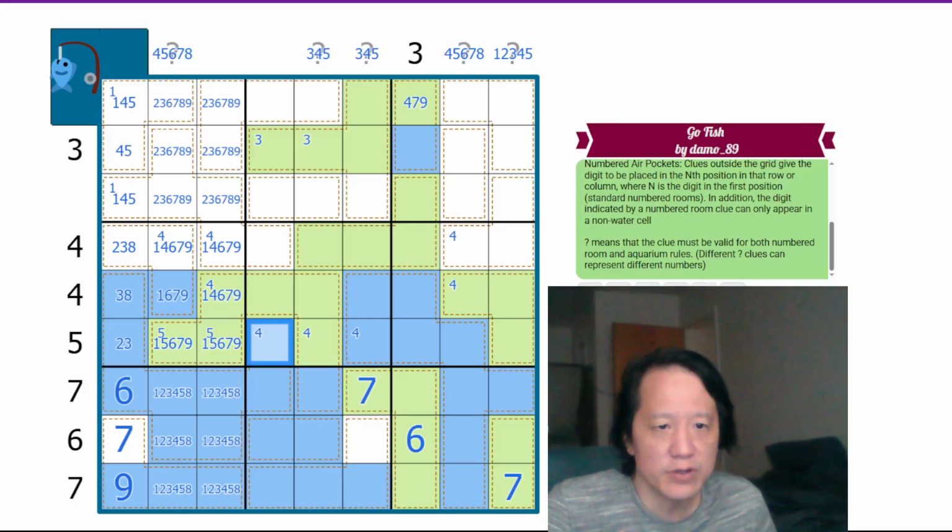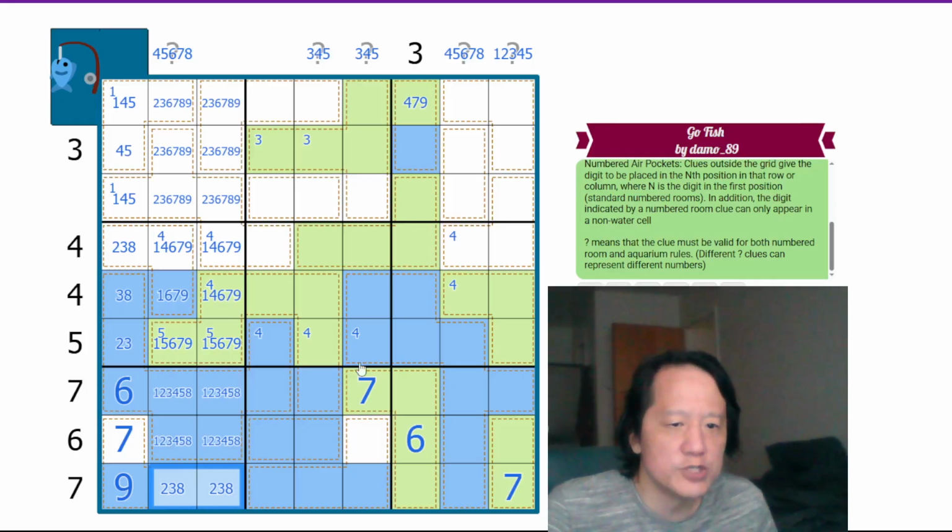Oh wait, it could be. Never mind. These 2 digits, where can they be in box 7? They cannot be either of these. So this must be 2, 3, or 8 remaining here. Which means we have 1, 4, and 5 guaranteed in this cage here.